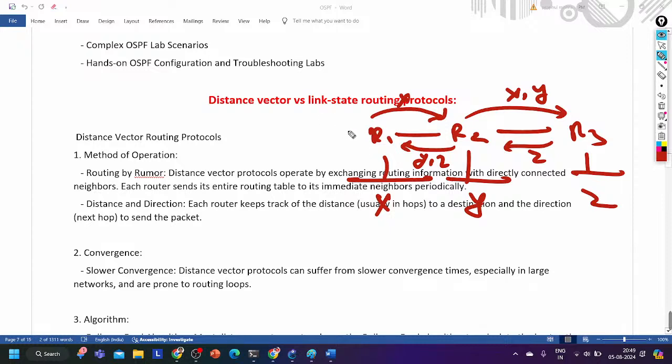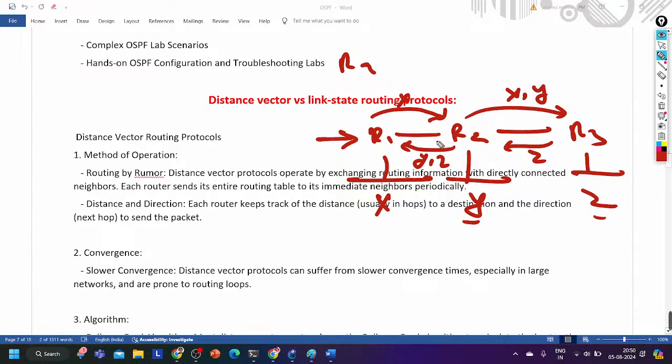So in the distance vector routing protocol, router 1 will have only information that these networks are available via my neighbor. See, who is advertising the Y and Z networks to router number 1? Router number 2. So router 1 knows these networks are available on router number 2.